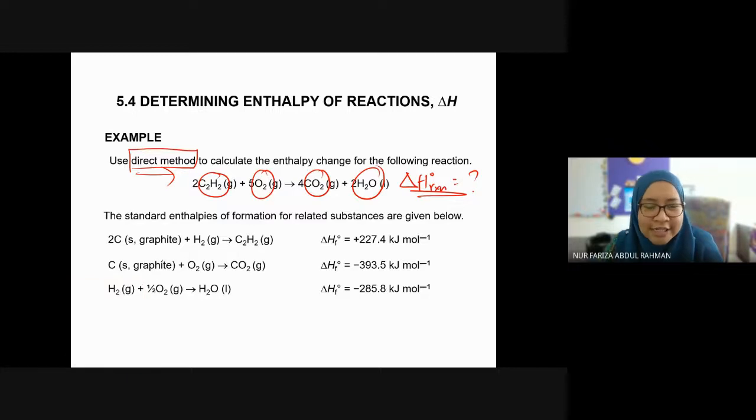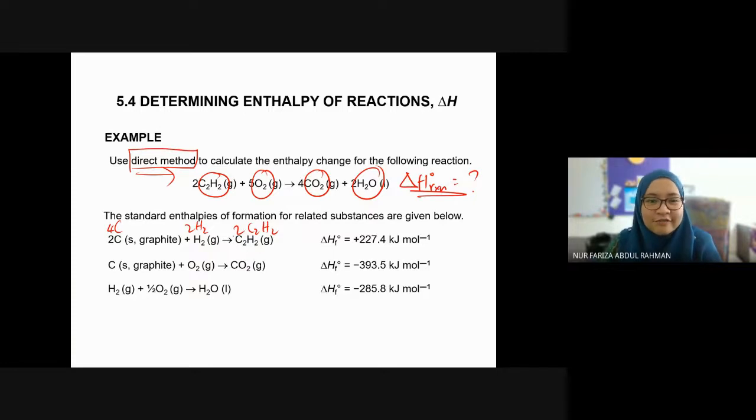Dia sengaja instead of dia bagi 1 mol, dia nak menyusahkan hidup kita, dia bagi 4 carbon, 2 hydrogen and then 2 C2H2. Saja je dia bagi macam tu. Okay? Kita tahu kita nak formation, tapi bila kita check, this is not 1 mol. Alamak, macam mana tak tahulah. Okay? Alright. Jangan panik. You sebenarnya boleh modify this one so that you can get the formation. Macam mana?